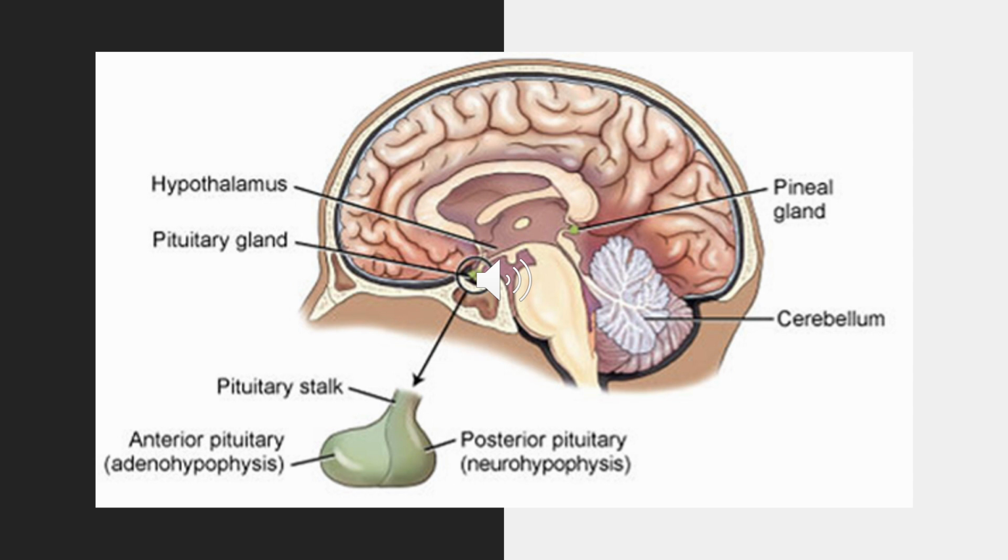That's oxytocin, which we're not going to talk about because you'll learn about that in Mother Baby, but also ADH, which is also called vasopressin. We're going to talk about that a lot this semester. And then the other hormones are released from the anterior pituitary.